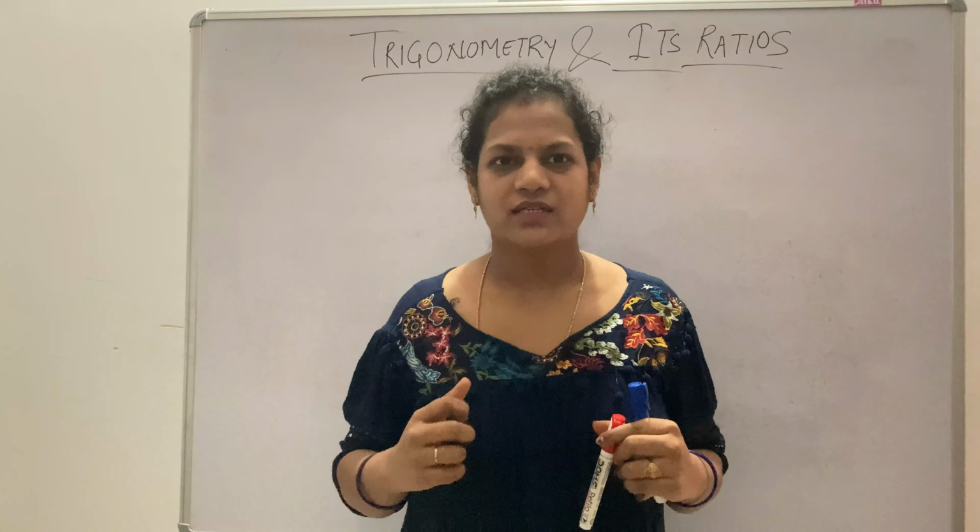Suppose you are standing here and you are watching, say suppose a tree is here and you are watching that bird, then whenever you need to calculate this distance or this height, you always need trigonometric ratios, which I will explain.